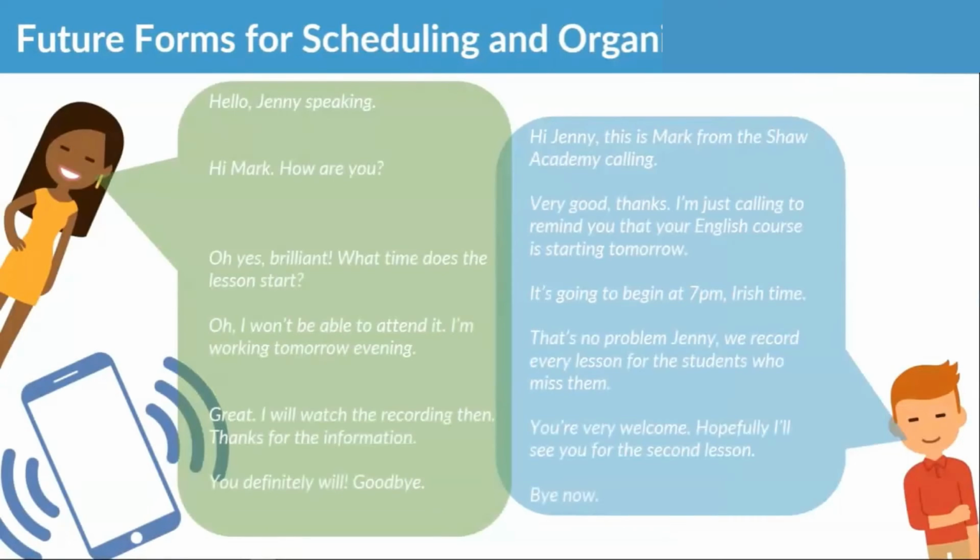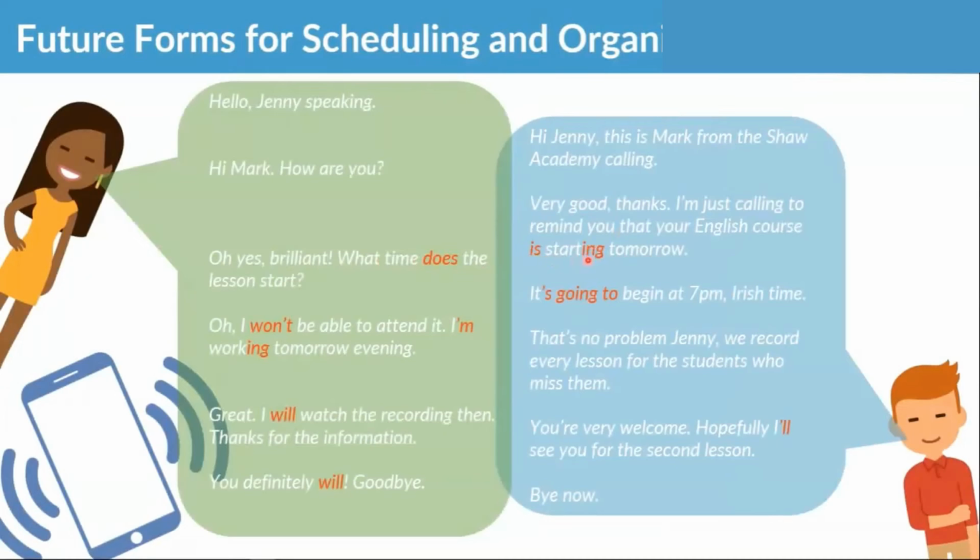Okay, so there we had a little phone conversation between Mark and Jenny about Jenny's English course. Look at all the different things we used here to talk about the future, scheduling and organizing. We have the present simple. What time does the lesson start? We have the present continuous.